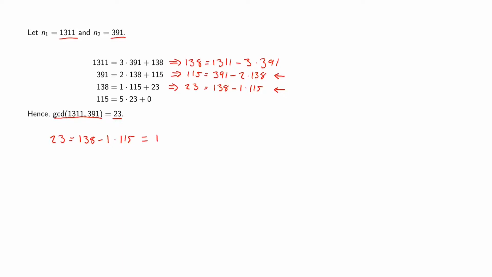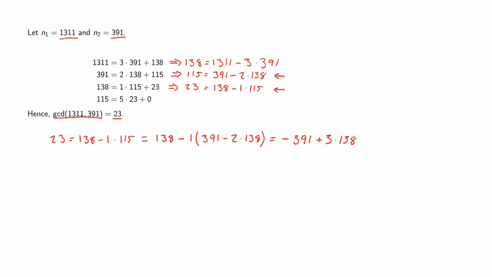So this equals 138 minus 1 times, and 115 is 391 minus 2 times 138. Now we collect our 391 and our 138s, so this can be written as minus 391 plus 3 times 138.